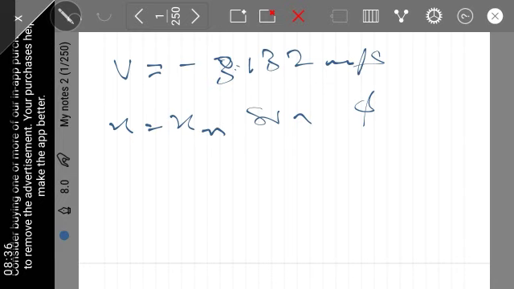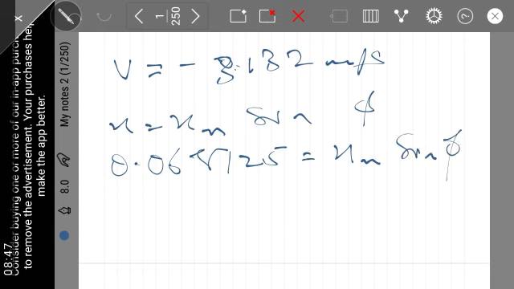And then similarly, I will have v equal to minus 3.132. This is for the velocity, which is xm times omega n cos of omega n t, which is 0, plus phi.